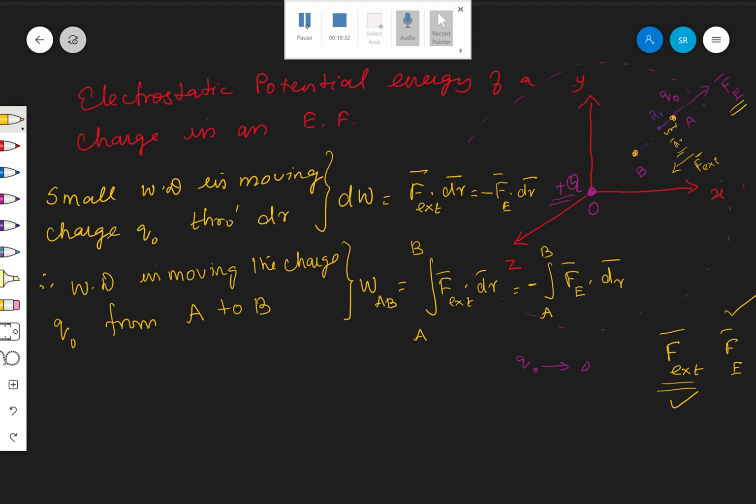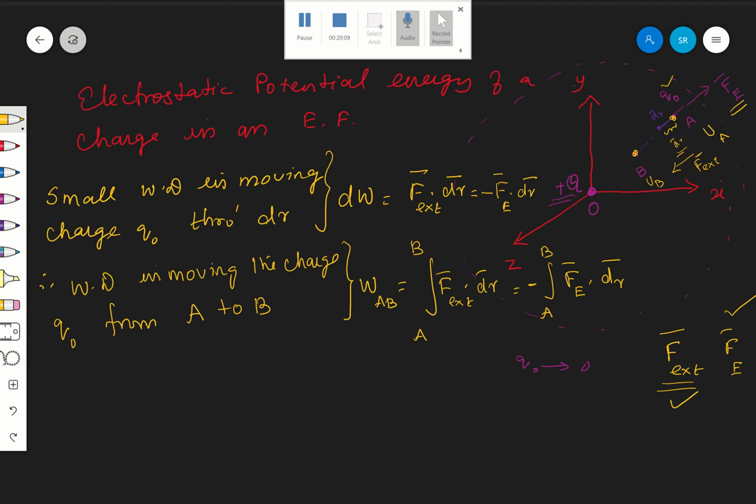Now we are moving the charge Q naught from A to B. At A, the electrostatic potential energy of the charge Q naught will be UA, and the electrostatic potential energy of the charge Q naught at B, let it be UB.